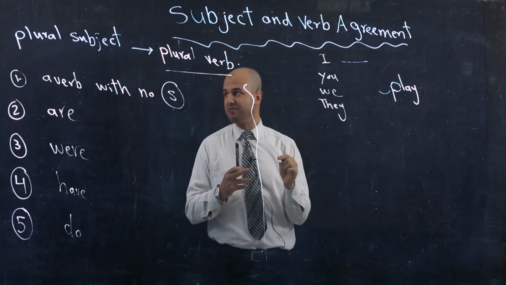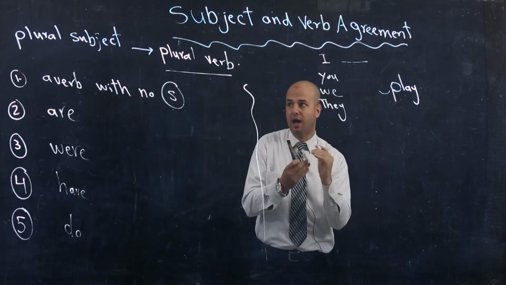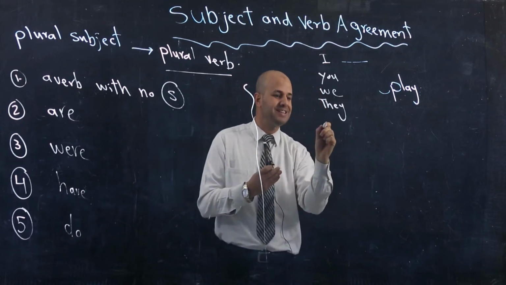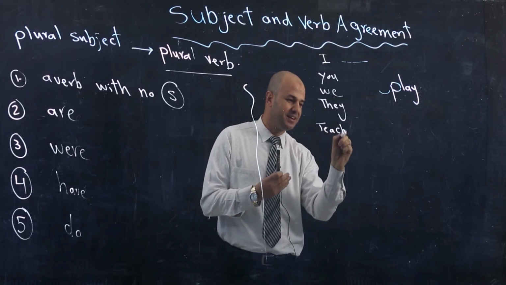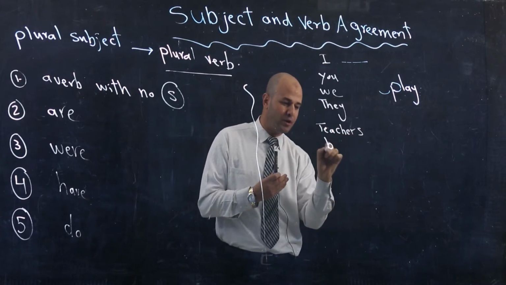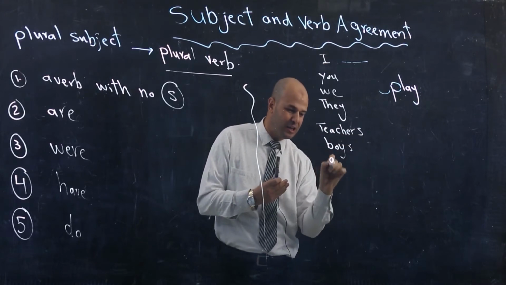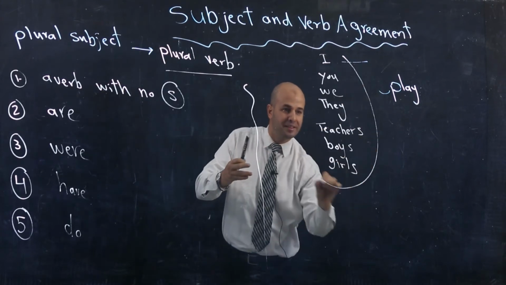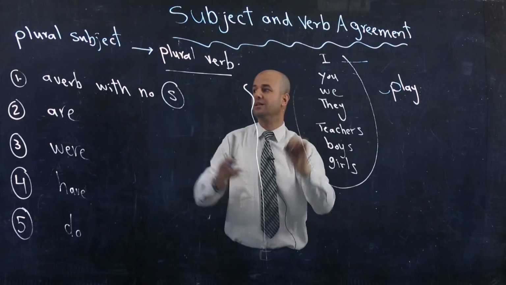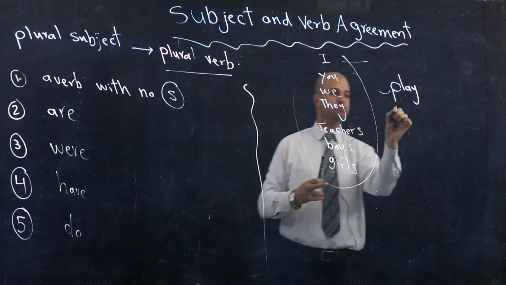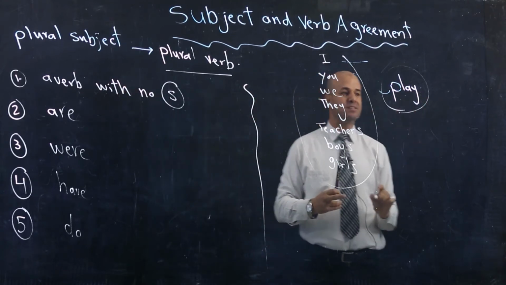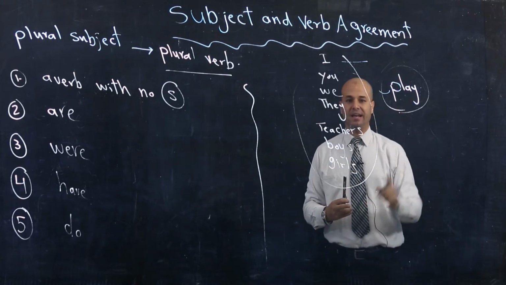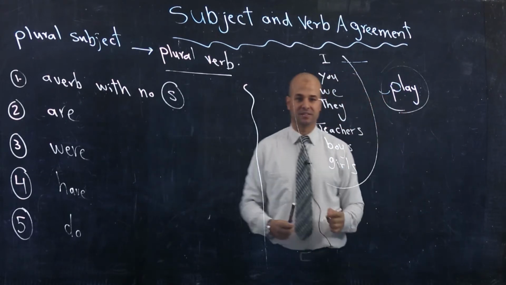And if we have a plural subject like teachers, boys, girls, we call them plural subjects and they are followed by a verb that doesn't have s, called infinitive.